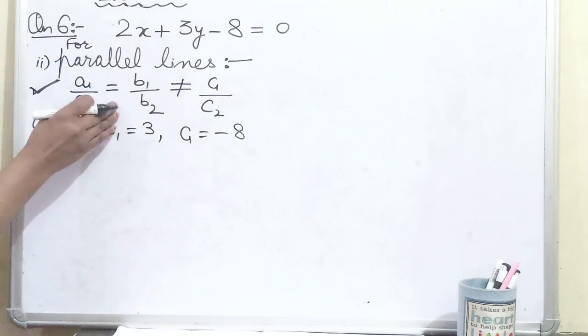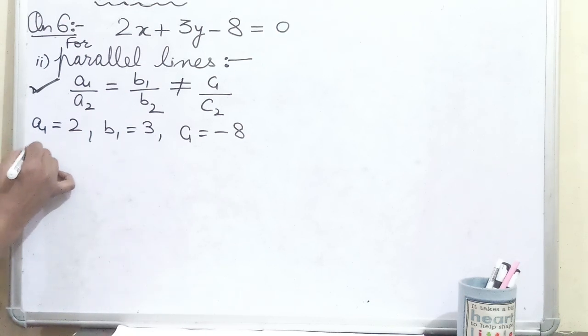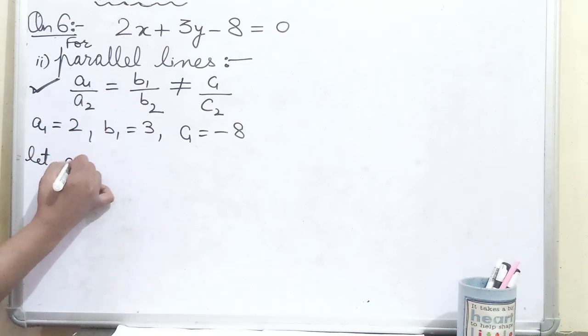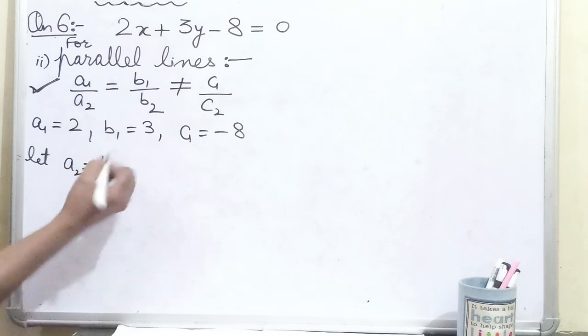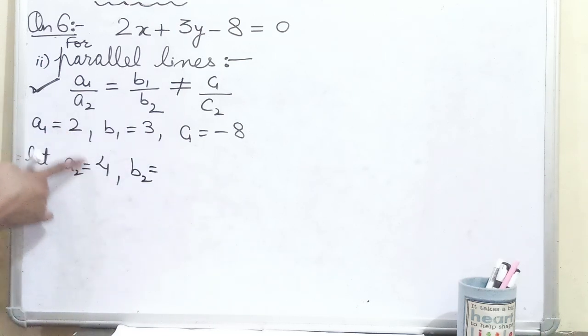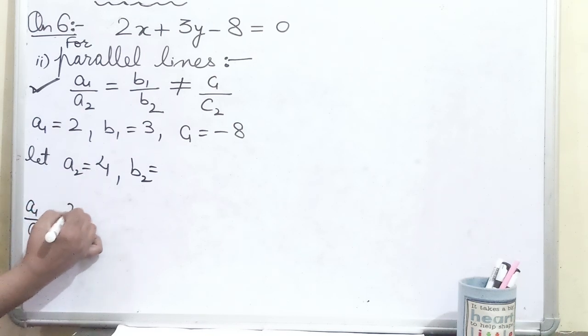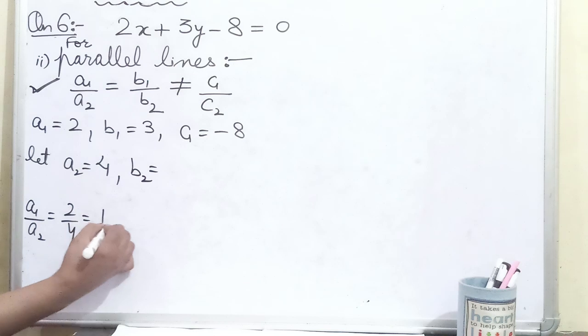So you have so many equations in such a way that the lines will be parallel. We can suppose that A2 should be 4. Then A1 by A2 will be 2 by 4, that is 1 by 2.